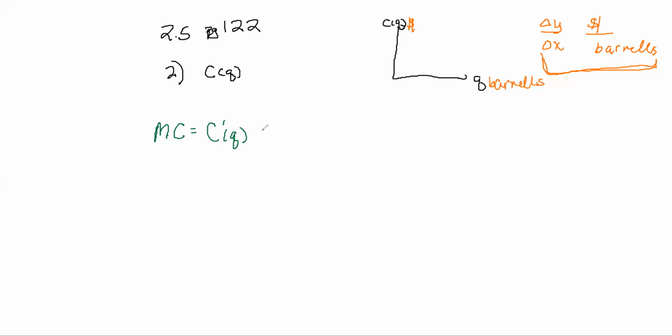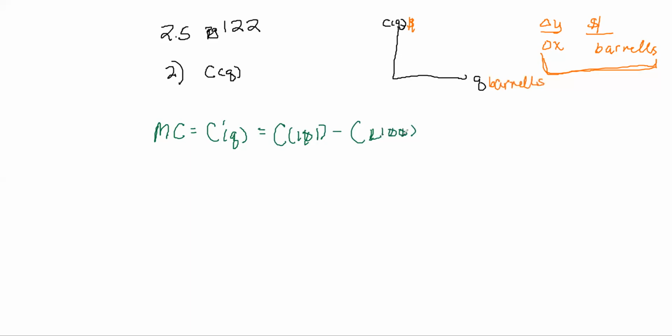It's equal to the difference between C of 101 and C of 100. And the reason is because we're trying to figure out how much more we have to pay to get 101 barrels. What is the cost of getting 101 in comparison to getting 100 barrels?